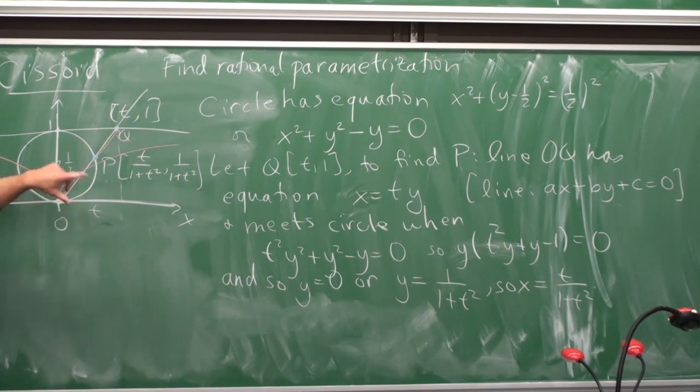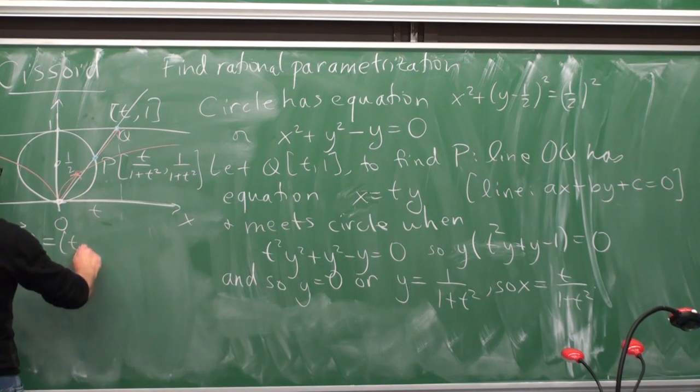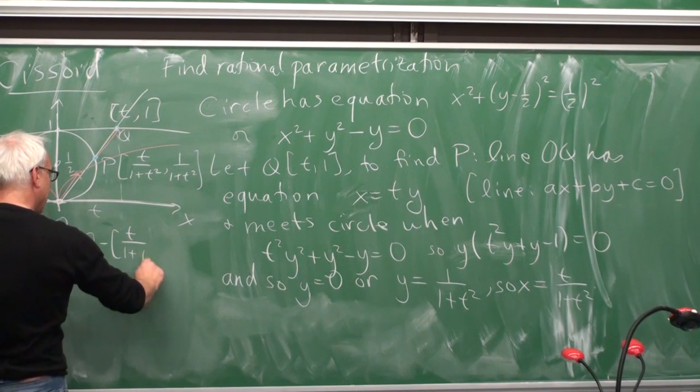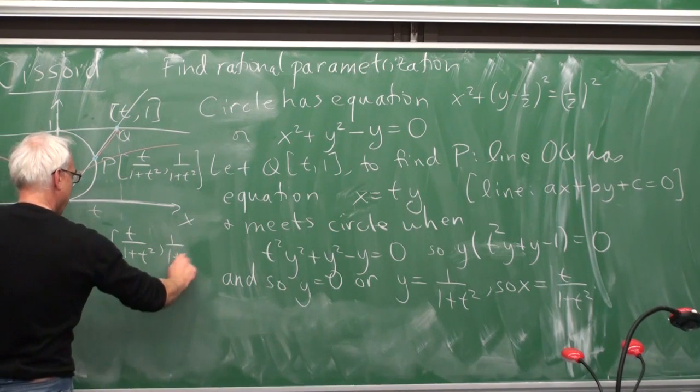So what do we have to do now to get the cissoid? We have to find this vector PQ and translate it to the origin. The vector PQ will be the difference between the Q coordinate and the P coordinate. So (t, 1) minus (t over 1 plus t squared, 1 over 1 plus t squared).